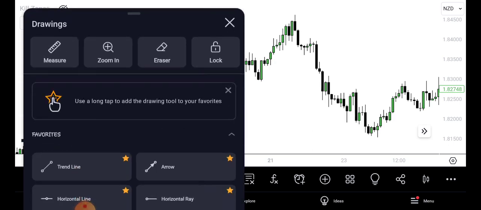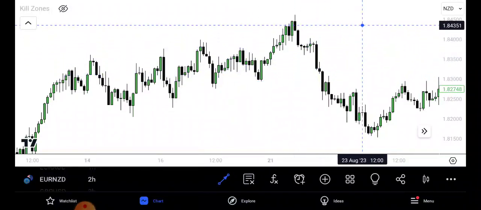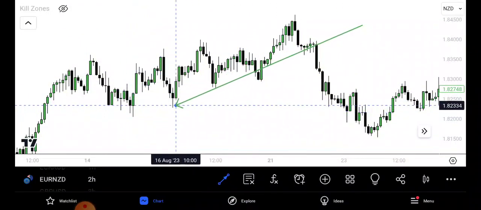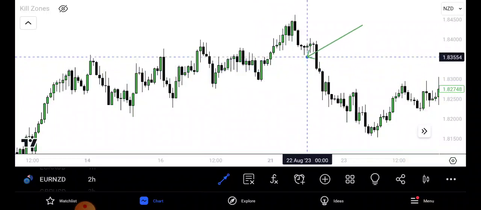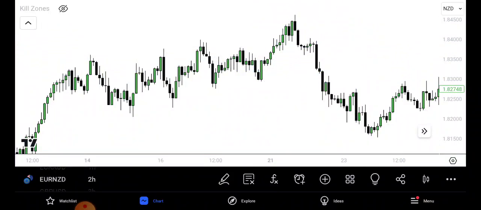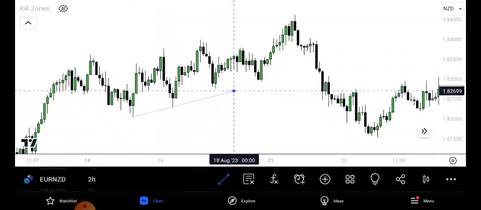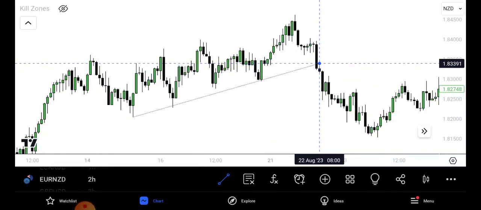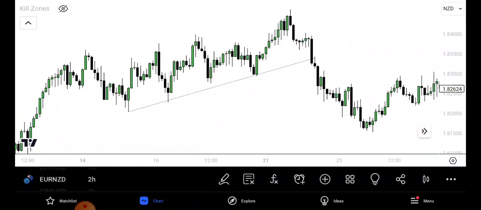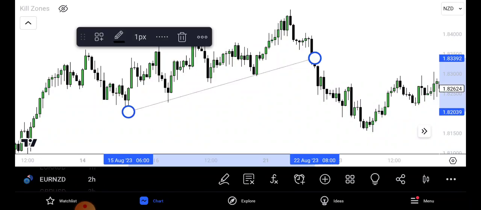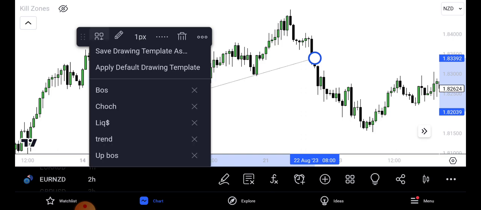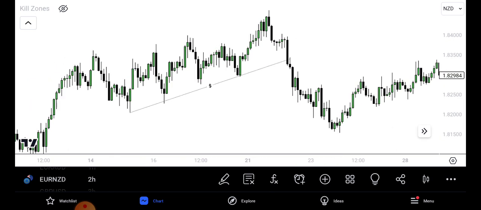You can see that from this zone right here, the market was trending up, so we can literally draw our line from that zone right there. We can see that for sure this market has been trending up, and this trend is what we see as liquidity. So we denote that as liquidity.